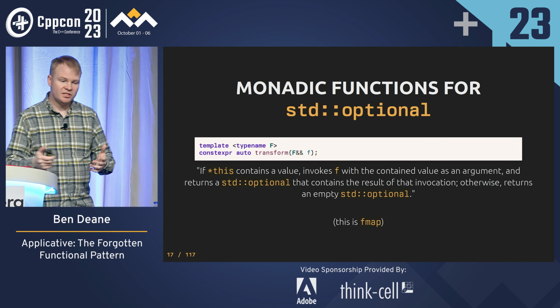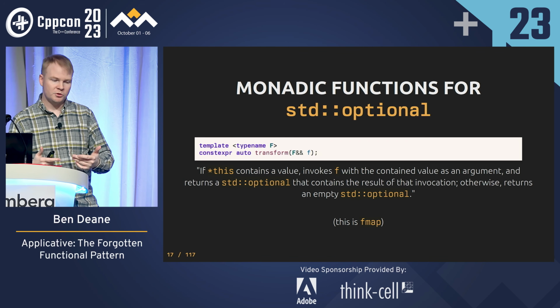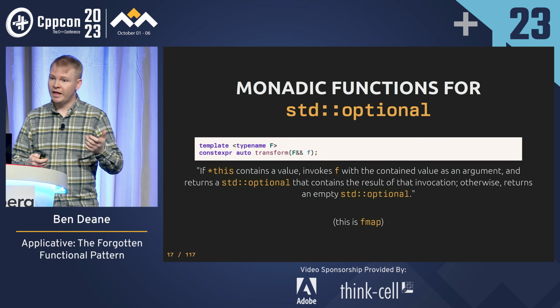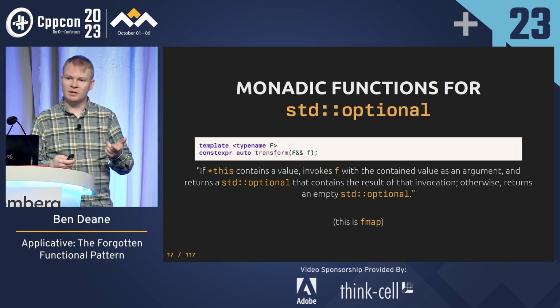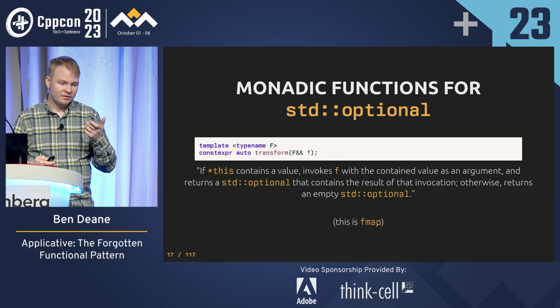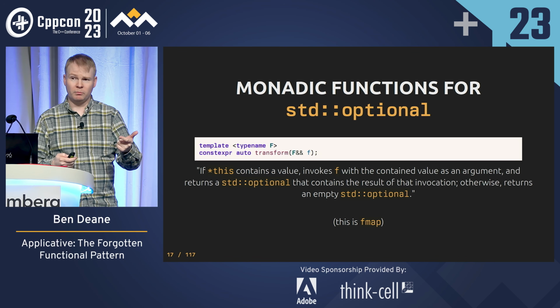And in C++23, we get monadic functions for std optional, and indeed for std expected. And we call fmap transform. So this is a member function on optional in C++23. And this is directly from CppReference.com, which is probably directly from the standard.